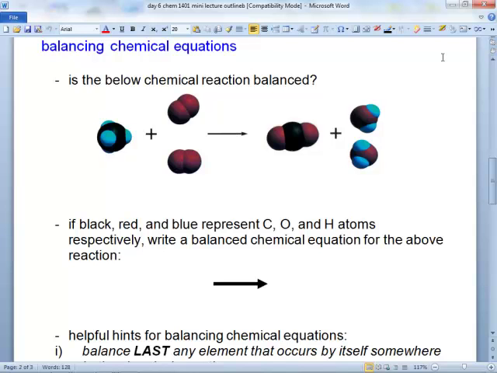Write a balanced chemical equation of the above reaction. Okay. I'll get you started. I'll put in the little plus signs, which isn't a whole lot, but something. What would you write?